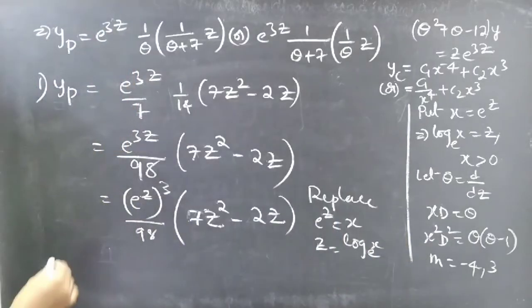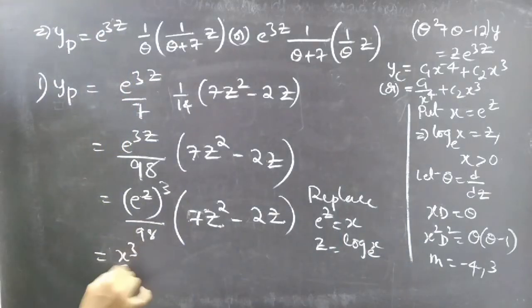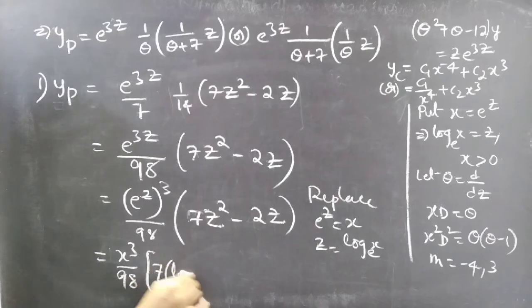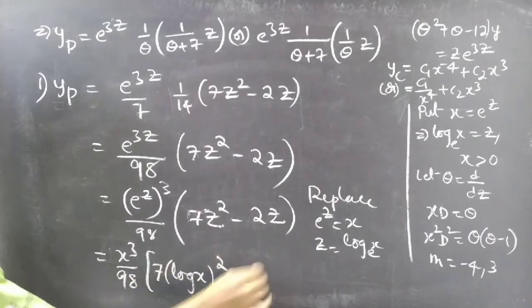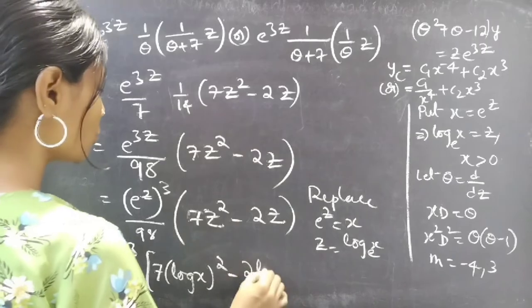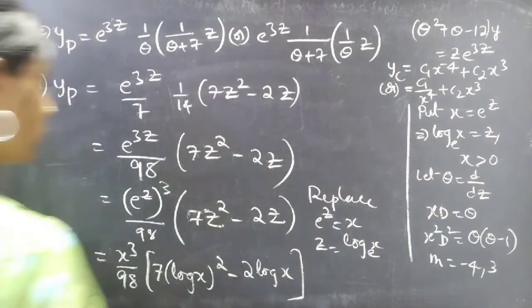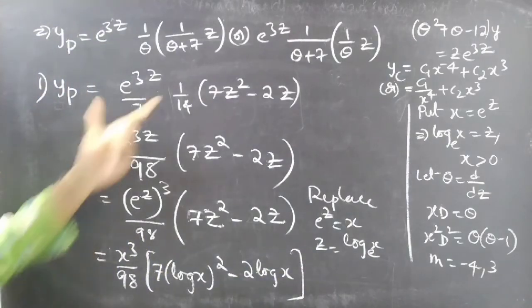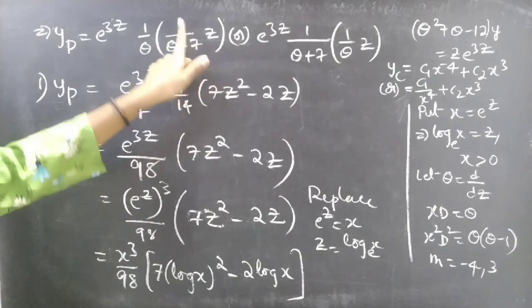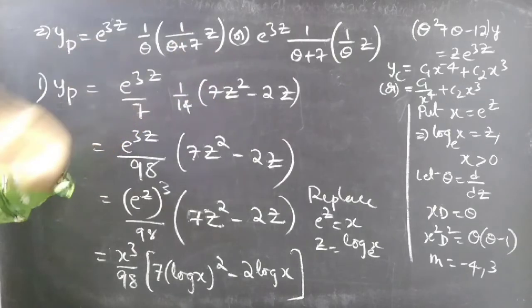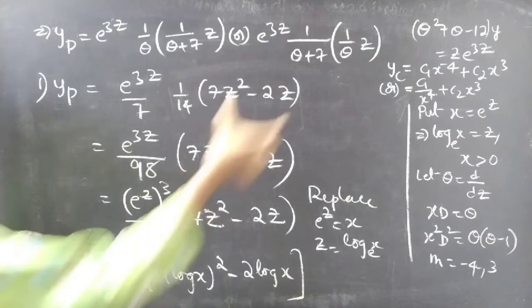Then yp becomes x cube by 98 into 7 times log x whole square minus 2 log x. Okay, we'll get this answer by operating z with 1 by theta plus 7 firstly. Now let's see the second one.